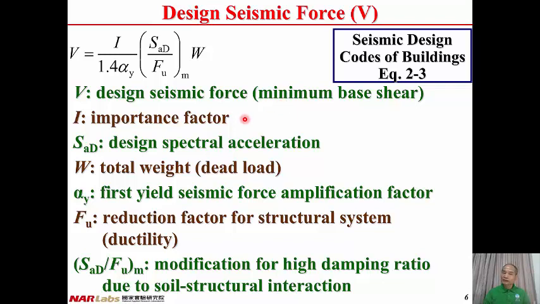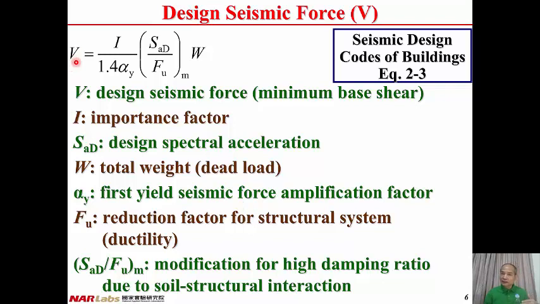I is the importance factor, and SAD is the design spectral acceleration. That's the acceleration response under the design earthquake. And W is the total weight of the building. That's the dead load of the building. Alpha Y is the first yield seismic force amplification factor.